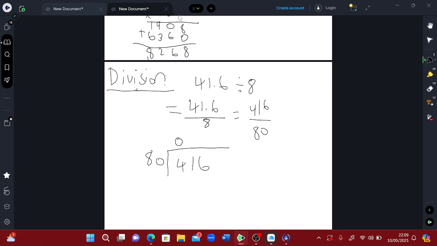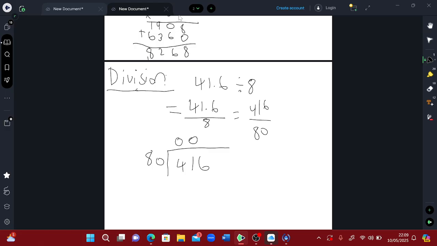But then what about 8? And then you do 41. How many 80s are going into 41? In other words, you're doing 41 over 80. Well, it doesn't go into it, does it? That'll still be 0.